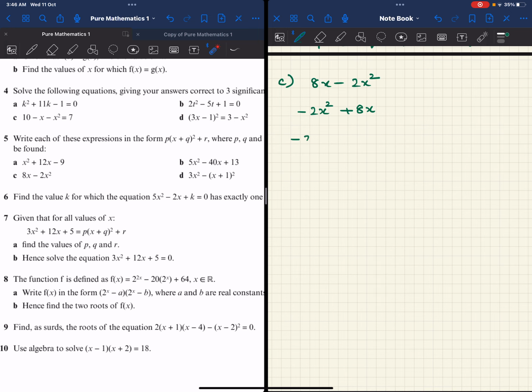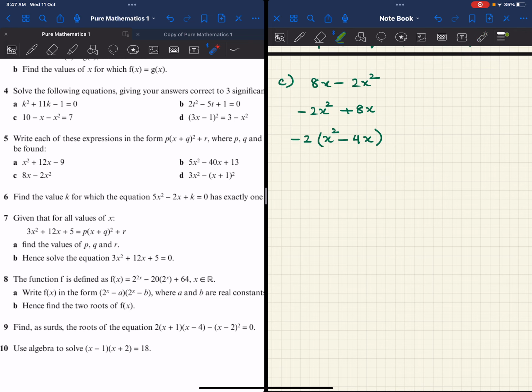Doing so, we have −2(x² − 4x). If we want to check, if we multiply this out, negative 2 into x² gives us −2x², and negative 2 into negative 4x gives us positive 8x.